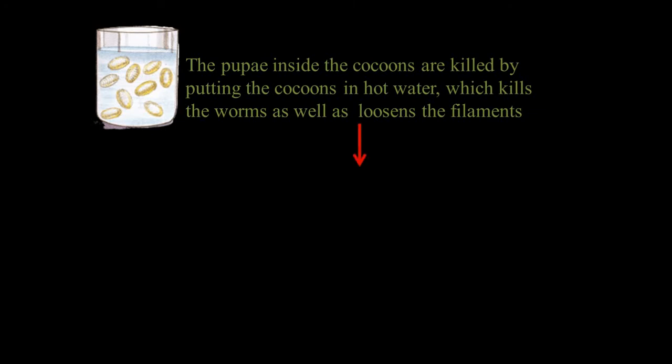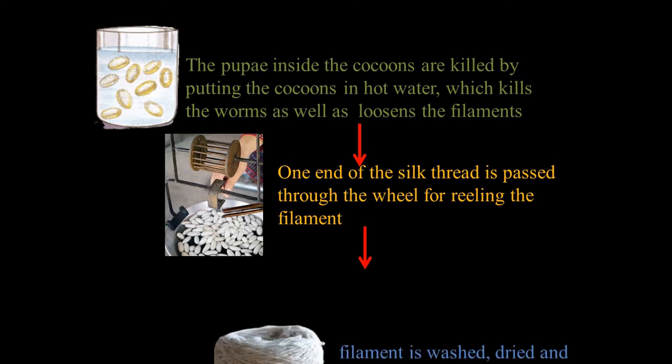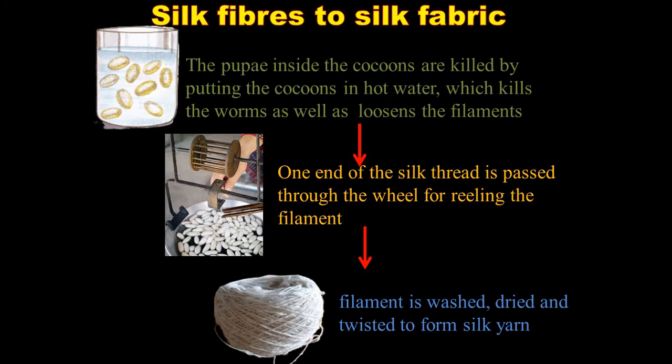Then, one end of the silk thread is passed through the wheel of the machine for reeling the filament. Finally, the single filament is washed, dried, and twisted to form a silk yarn. In this way, the fibers of the silkworms are converted into silk fabric.